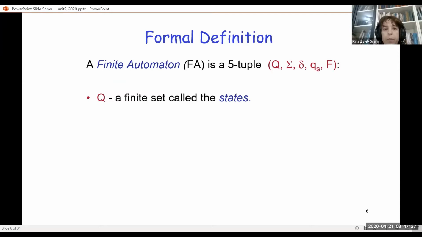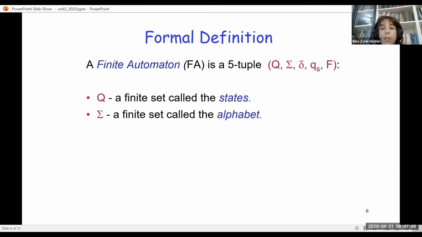So basically, I would like to remind you the formal definition of a finite automaton. The finite automaton that we are talking about is a 5-tuple. We have a finite, non-empty set Q of states, so we will have at least one state.